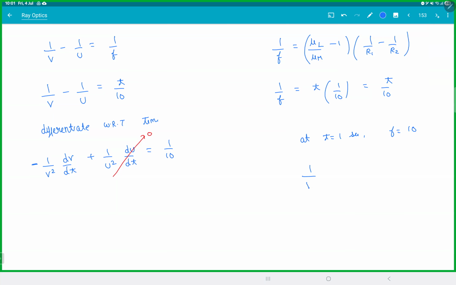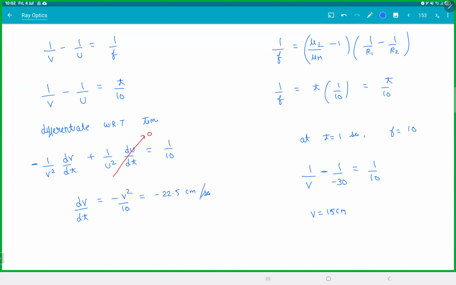So apply the formula: 1 by v minus 1 by u is 1 by 10. This gives v as 15 centimeters. This actually makes your question quite easy. So dv by dt is minus v square by 10, which is minus 22.5 centimeters per second.